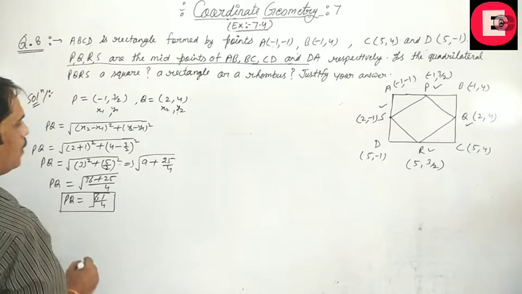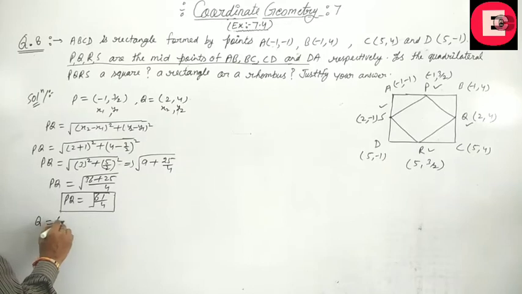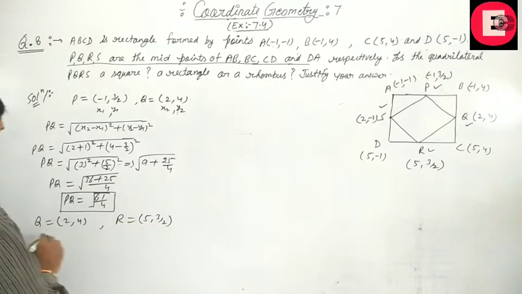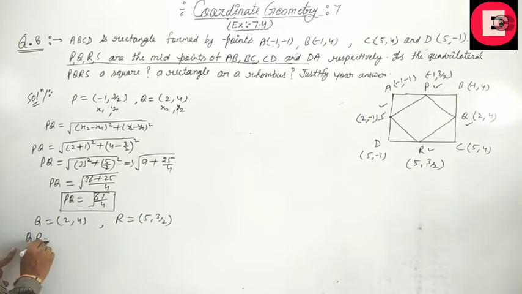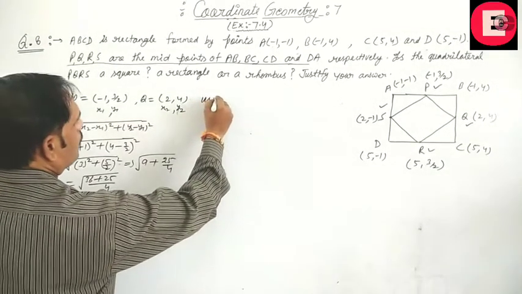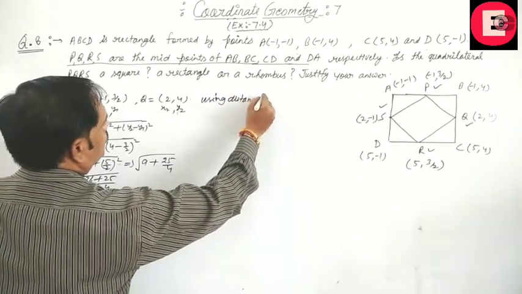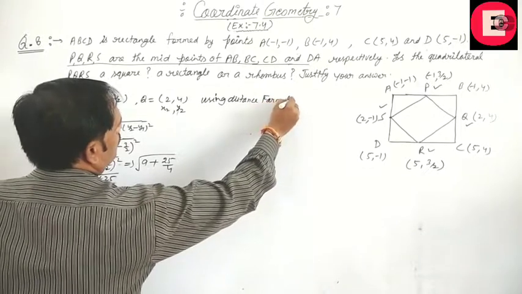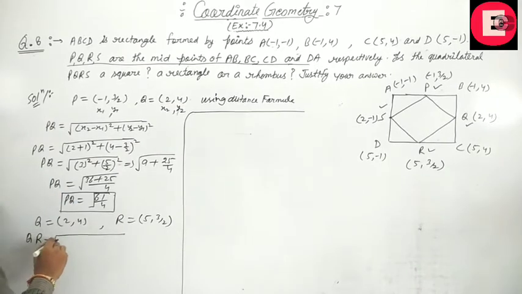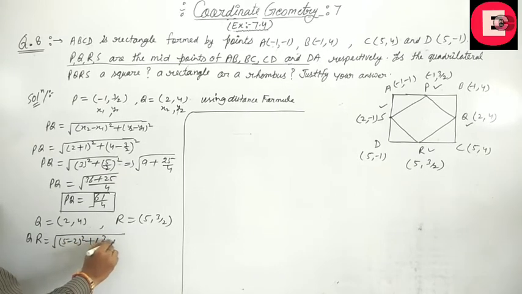Now for QR, Q is equal to (2, 4) and R is equal to (5, 3/2). Again using the distance formula, here x2 is 5 minus 2 squared plus (3/2 minus 4) squared.